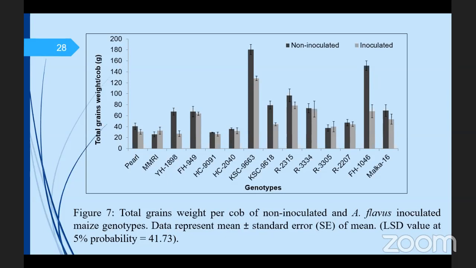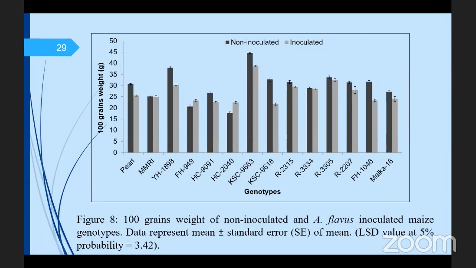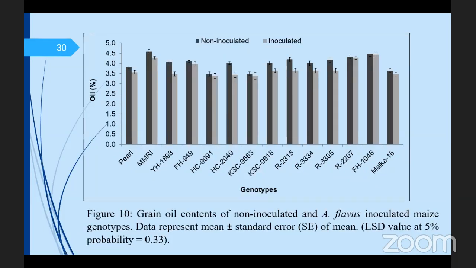And total grain weight per cob was also reduced by the inoculation of Aspergillus flavus. 100 grain weight also decreased by the infection of Aspergillus flavus. Oil contents were also affected.